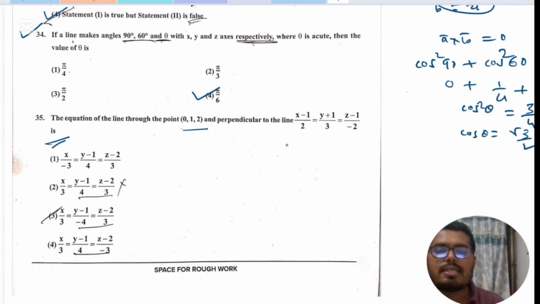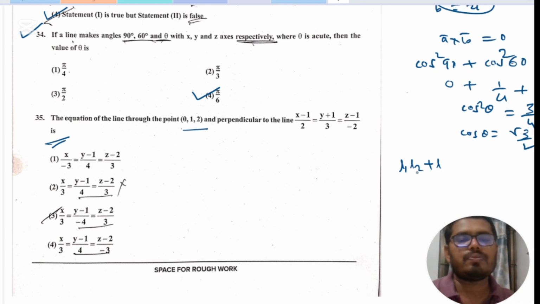Okay, if two lines are perpendicular, what is the condition? Their direction ratios: l1 into l2 plus m1 into m2 plus n1 into n2 must be equal to 0. Therefore, it is l1, it is m1, it is n1.